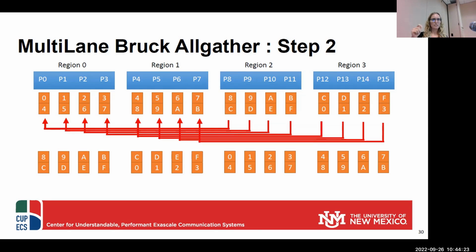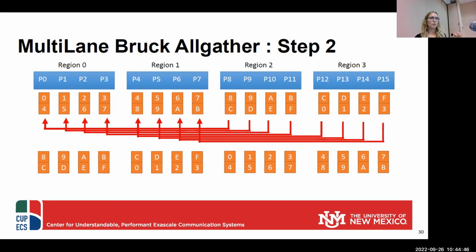So process 8 sends 8 and C, process 9 sends 9 and D, 10 sends A and E, and so on. And these send to region 0. So again, there's no duplicate data. So in this case, we do have multiple messages going between a set of regions, but they're all sending a portion of the data. And then you have all of the data within a region.